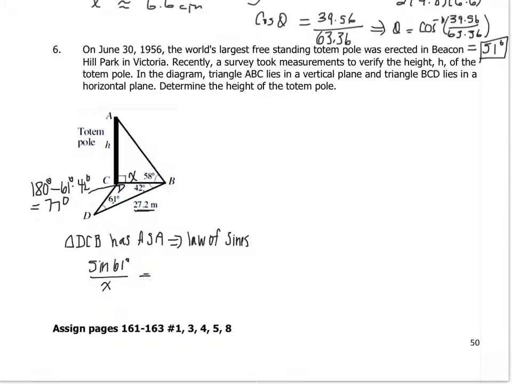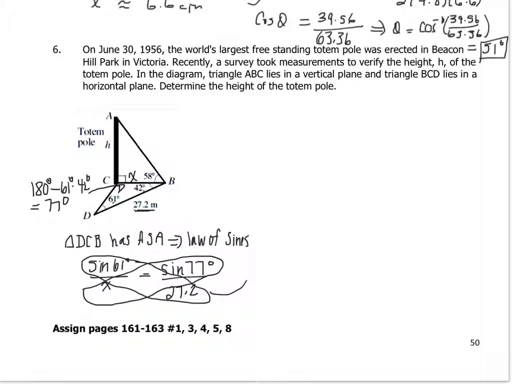So now I can go down here in my law of sines formula and use sine of 77 degrees over 27.2. And then once I've got that set up, I can cross multiply, and that's going to give me x times the sine of 77 equals 27.2 sine of 61.